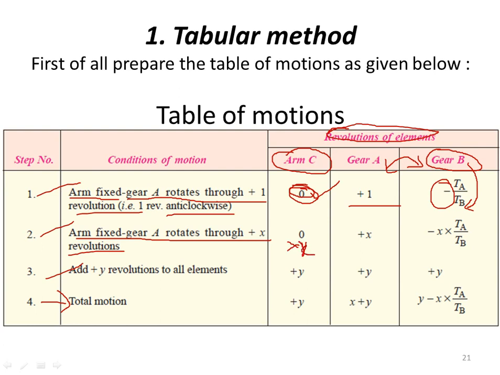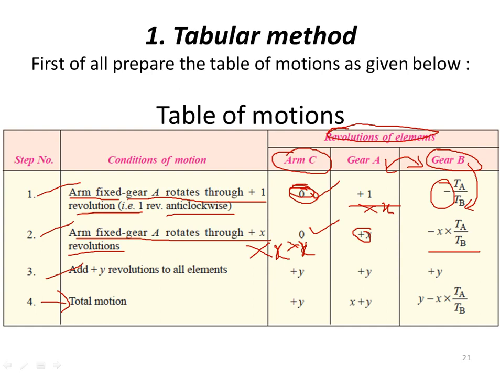Now this is +1, so +1 into x is nothing but plus x. Second step, again multiplying by x, you get minus x into TA by TB. So the second step is just to multiply this by x. You have to remember this. This will be the same for all problems.